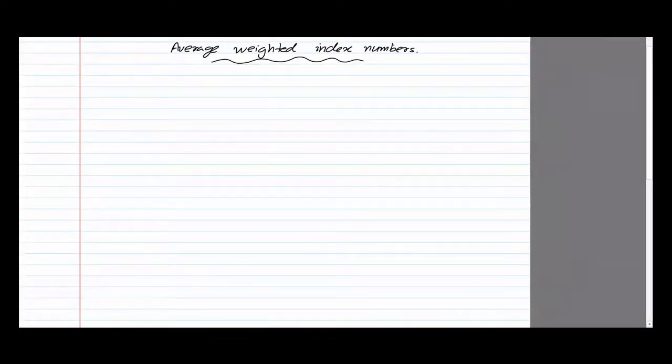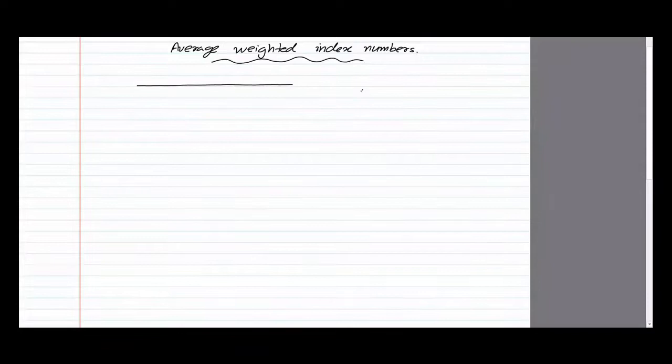This is average weighted index number, the last one. Average weighted index numbers means the same way we take an average. There they give the indexes, the average index number.